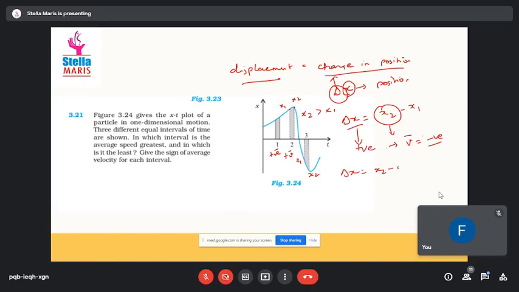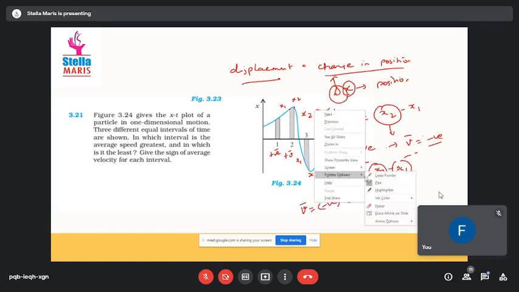Okay, so this will yield a minus sign, and this also will yield a minus sign, so the result will be minus only. So del x, that is the change in position, the displacement, will be negative. So in turn average velocity is also negative. Okay.